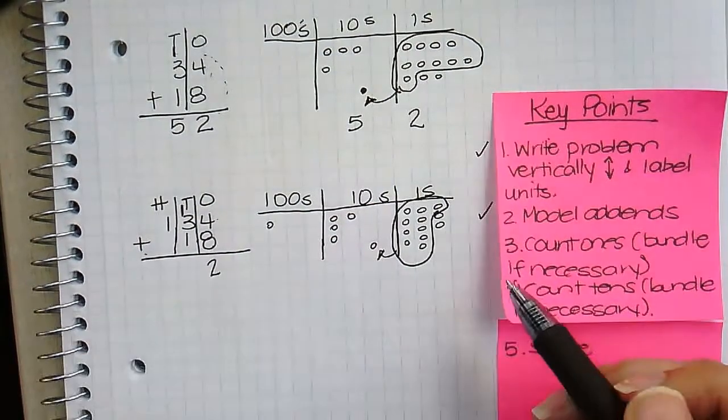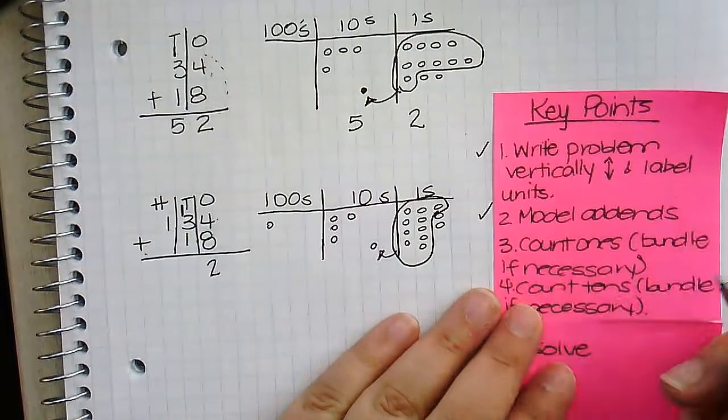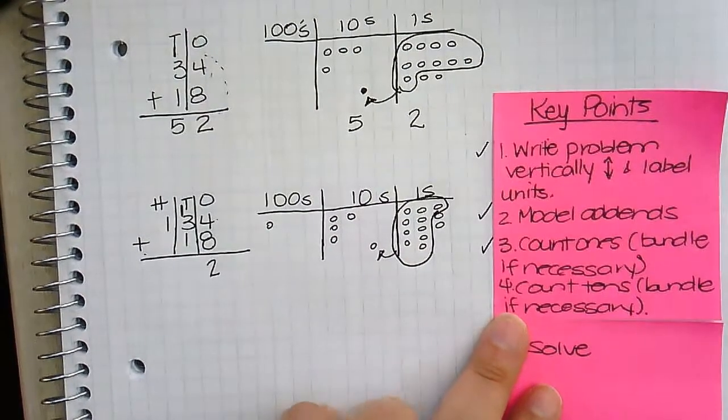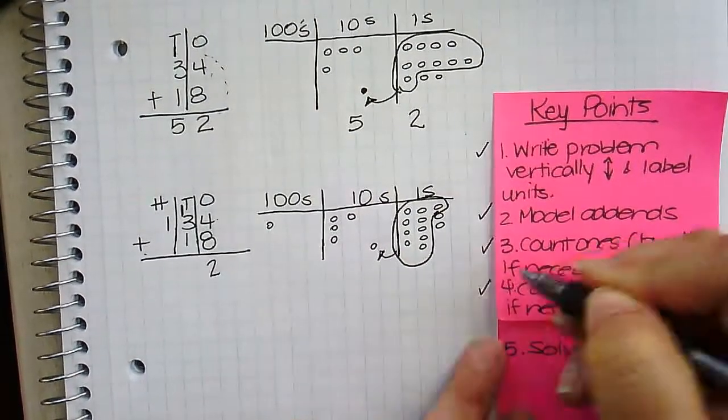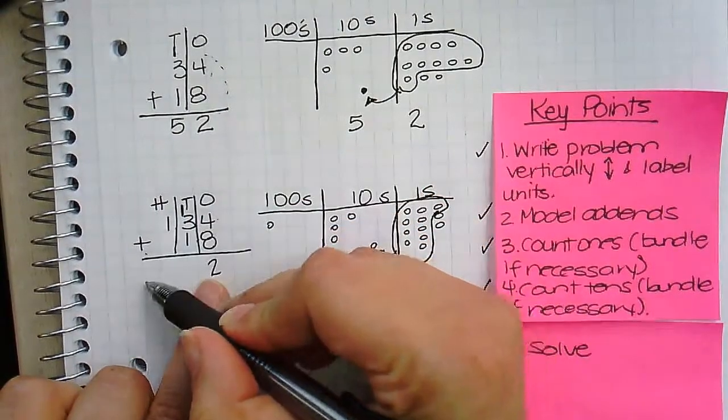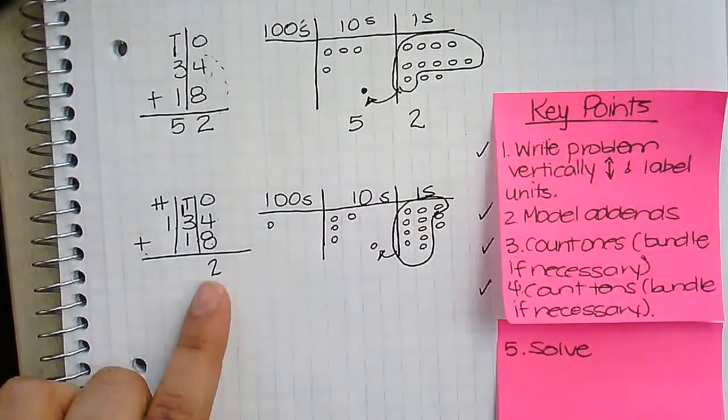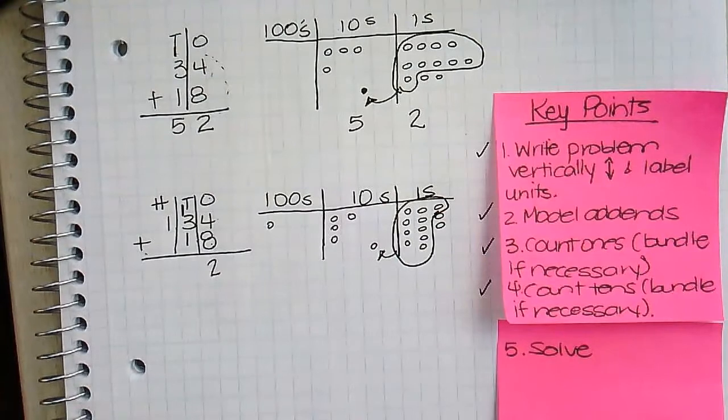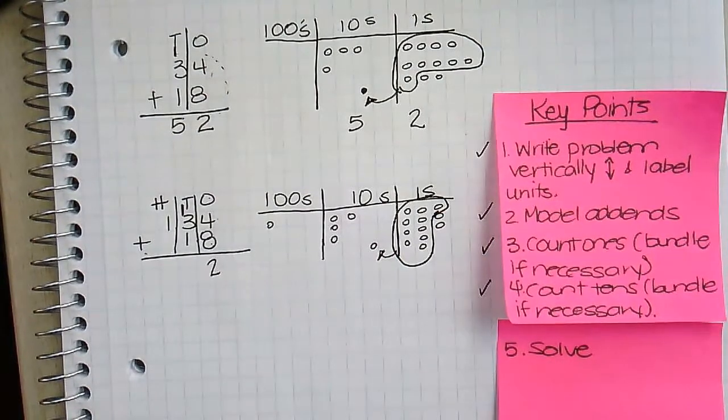Now if I counted the ones, I put a check mark. Now count the tens. What's 1 ten plus 3 tens plus 1 ten? You have 30 seconds to do it.